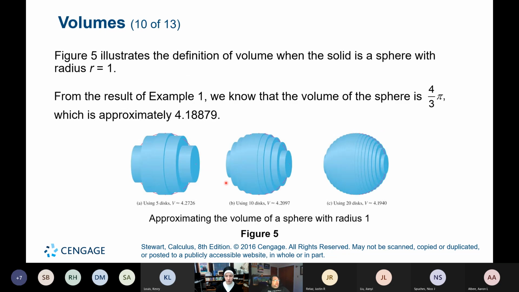So if we look here, that's basically what it's doing, it's using the disks to cut it down further and further. And as you can see, the more disks we use, the closer it's going to get to that 4/3 times pi.